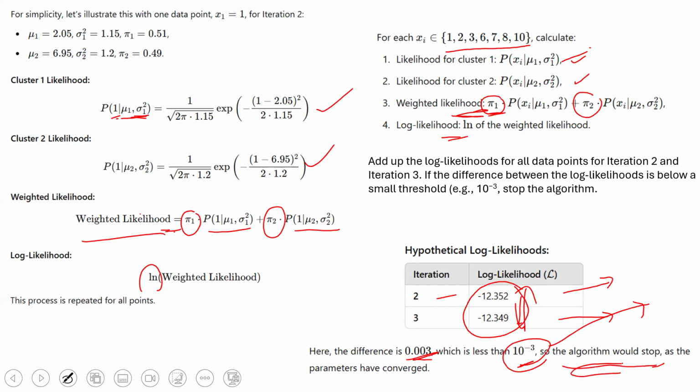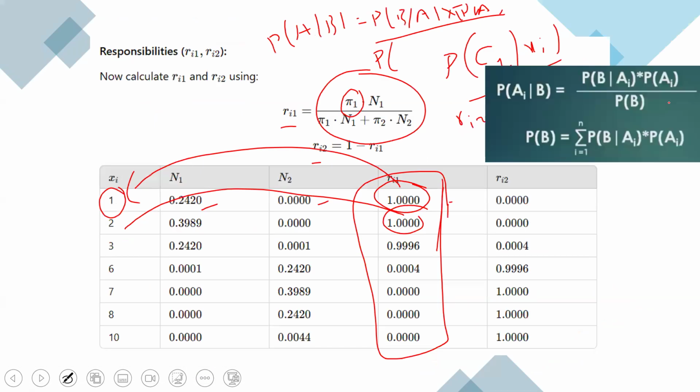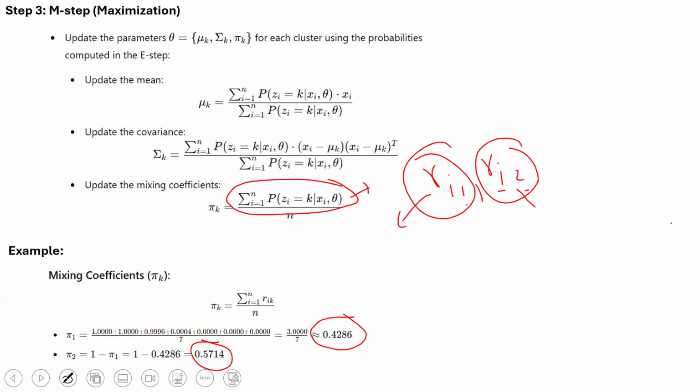At every step, along with the likelihoods, we also calculate the log likelihood. So the likelihoods are calculated here, and along with them we also calculate the log likelihood. The log likelihood is obtained by multiplying these with the mixing coefficients and then applying the logarithm. Once that value has converged, we can terminate the algorithm.